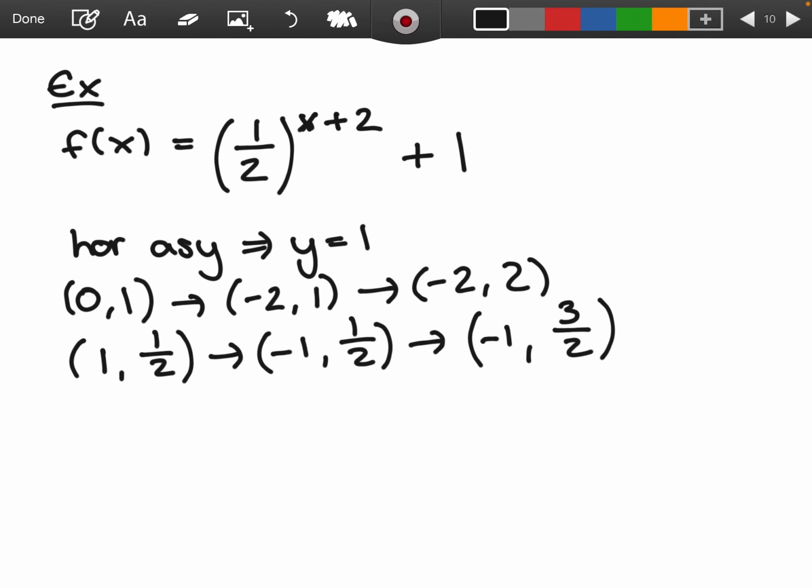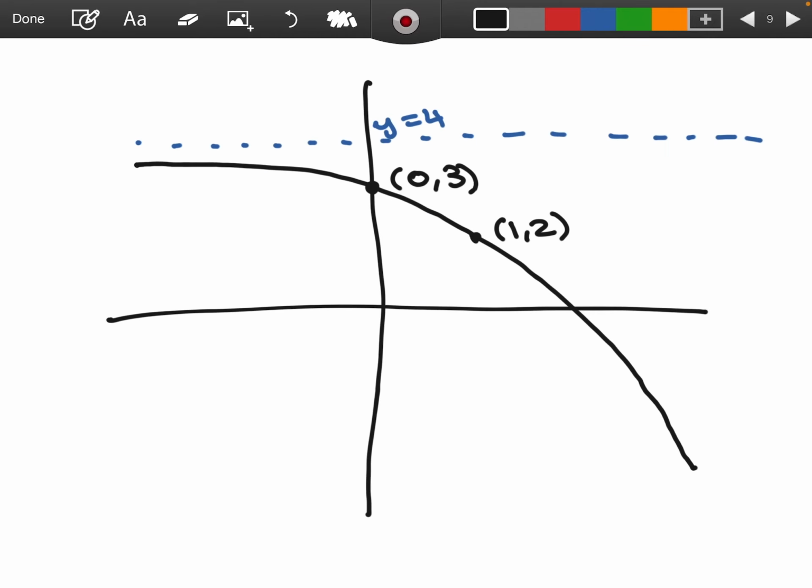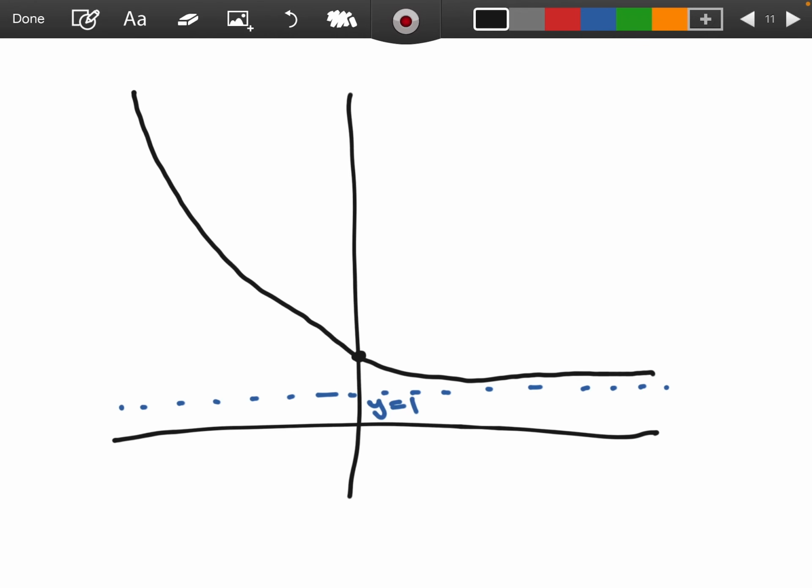And we said that 2 points that this particular graph goes through are negative 2, 2 and negative 1, 3 over 2. So I've got negative 2, 2 and negative 1, 3 over 2.